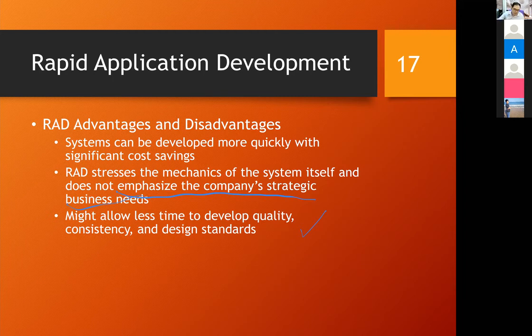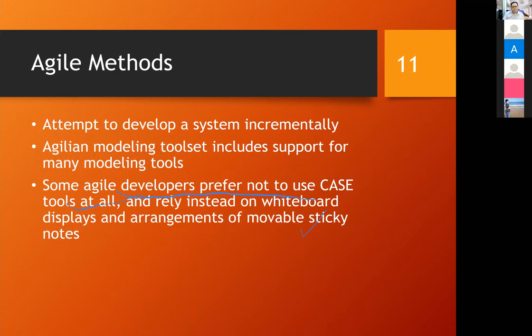So the next technique is the agile method. Apart from JAD and RAD, we have the agile method. With the agile method, we try to develop a system incrementally.